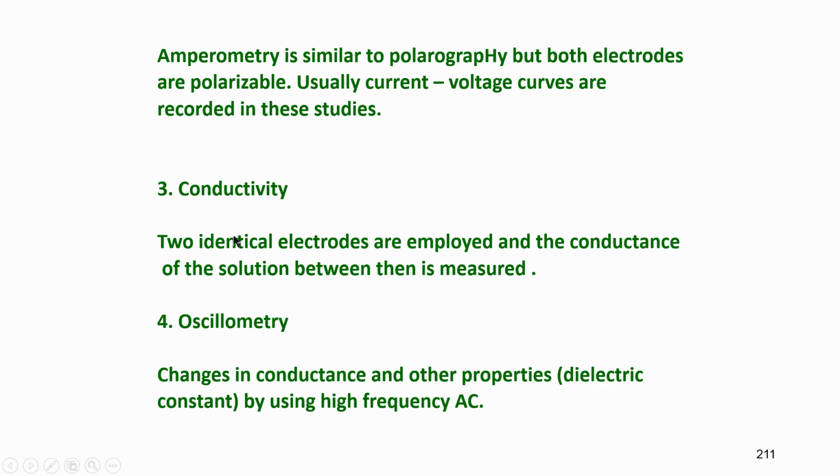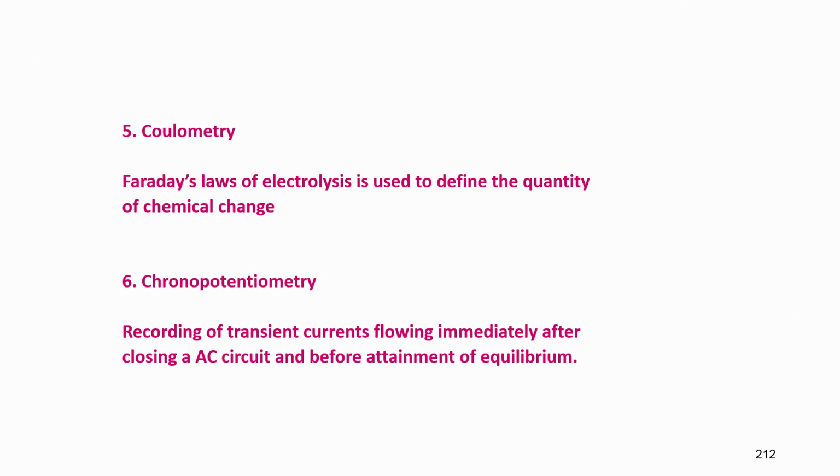Then conductivity we have already studied a little bit, and oscillometry, changes in the conductance and other properties by using high frequency AC. Coulometry is Faraday's laws of electrolysis applied to electrodeposition, that is electroplating. Chronopotentiometry is recording of the transient current flowing immediately after closing a circuit before it attains equilibrium.